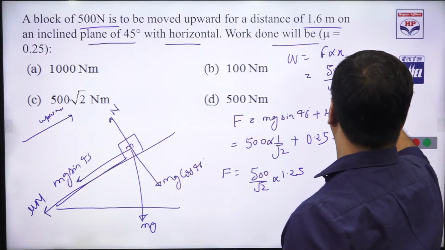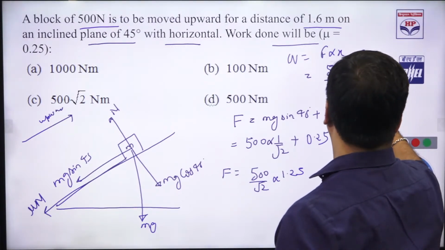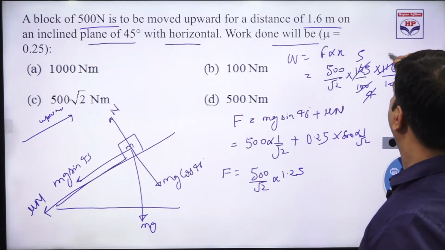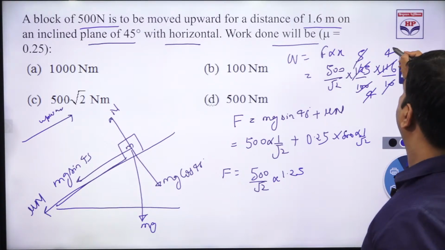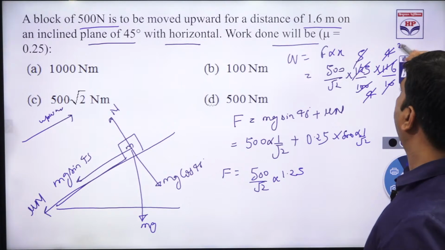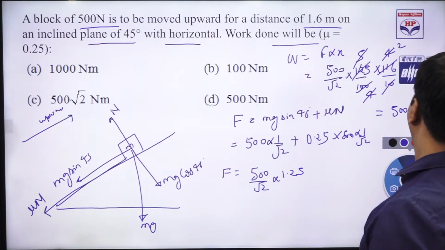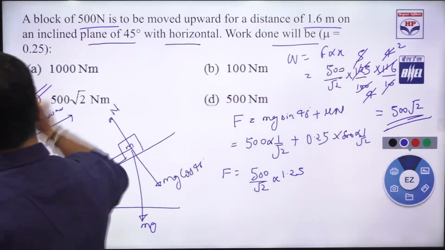So take this 100, this is 10. This gives 5 times, this gives 4 times. Then again 4 times, and this gives 2 times, and this 2 cancels with 2. So 500 divided by this. So the answer came to be 500 root 2. So option C is correct.